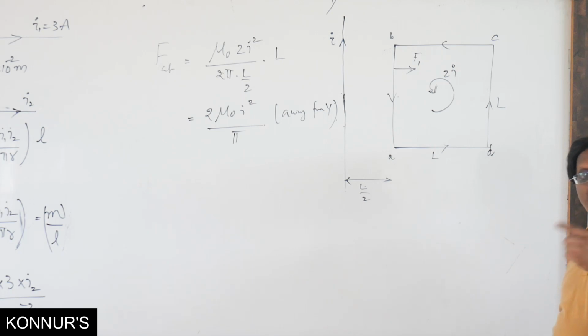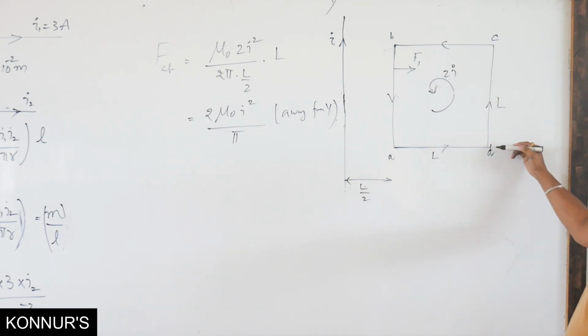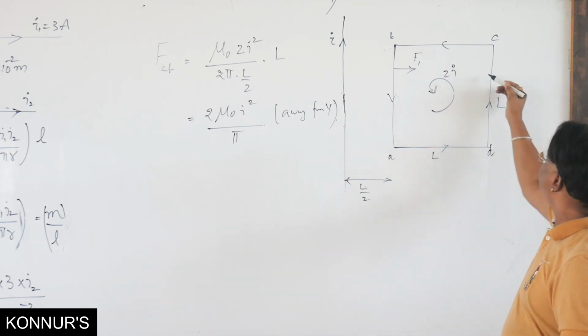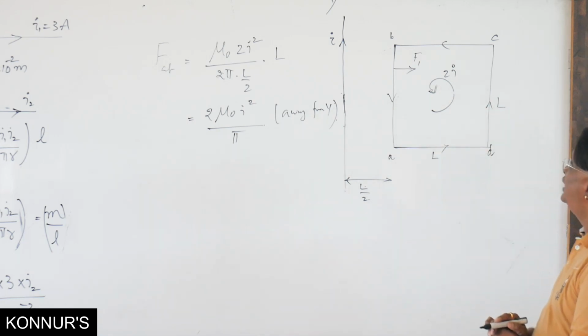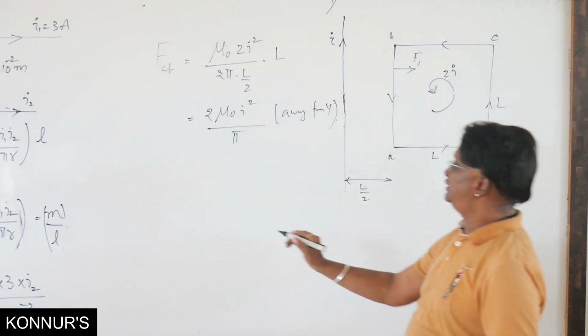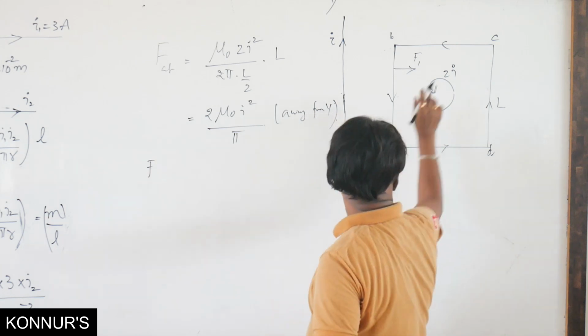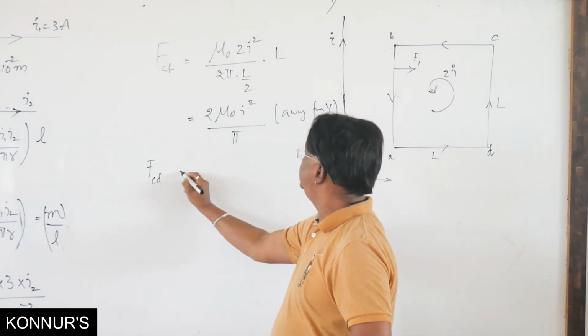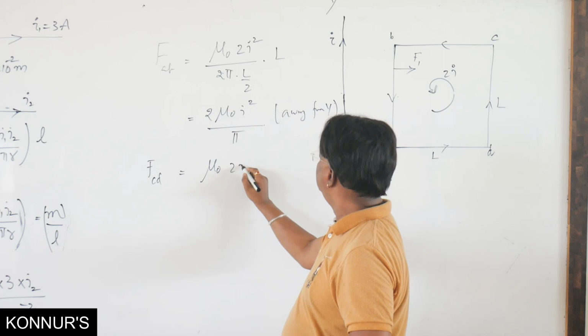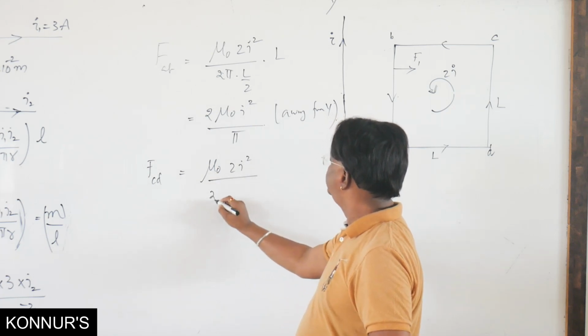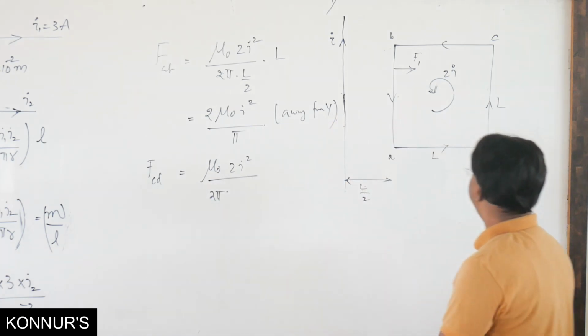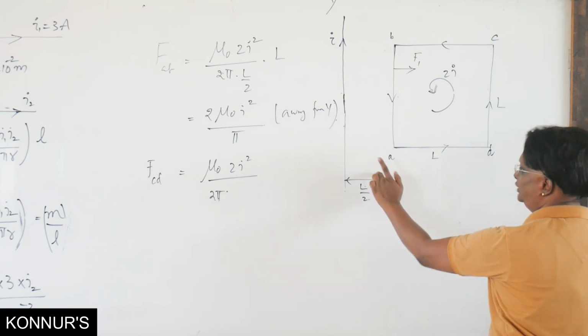Similarly, let us write for one more straight part, which is CD. Now when you find this Y and CD, the currents are parallel currents. Therefore, force on CD is equal to mu naught, again 2I square by 2 pi. What is the distance between these two? L and L by 2.